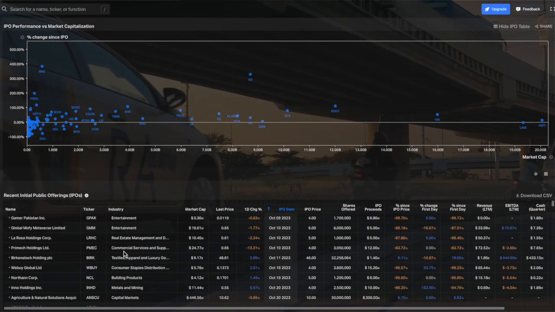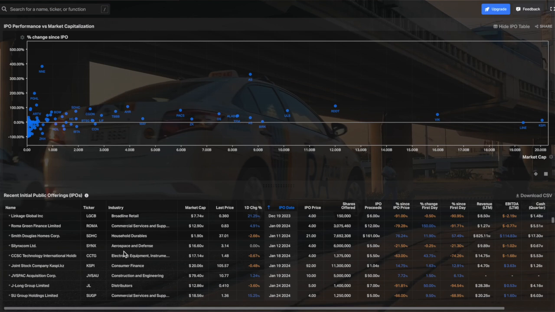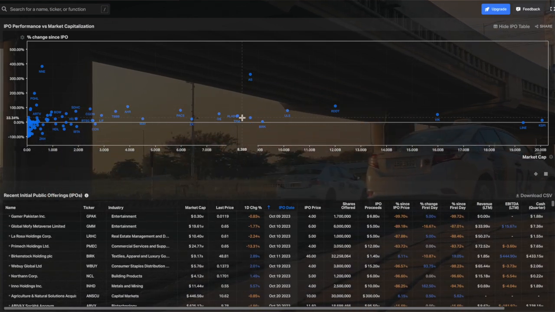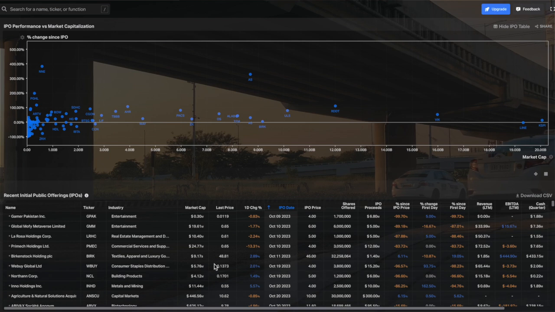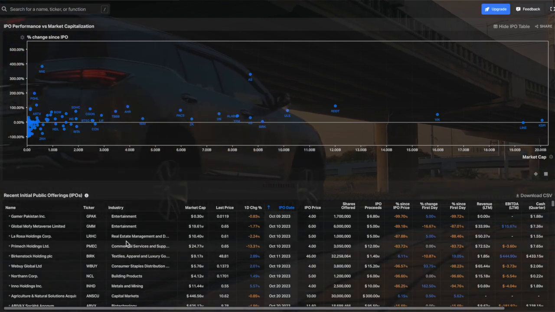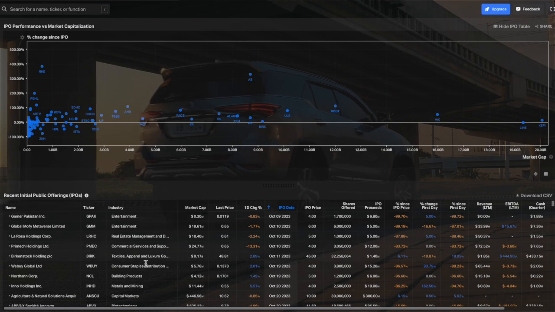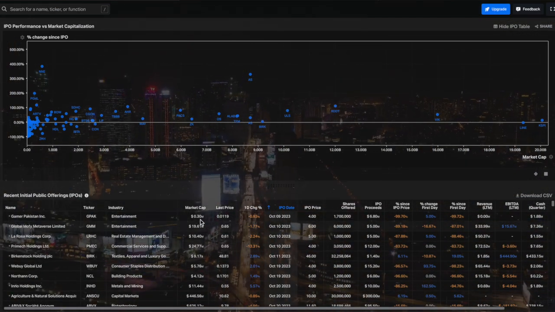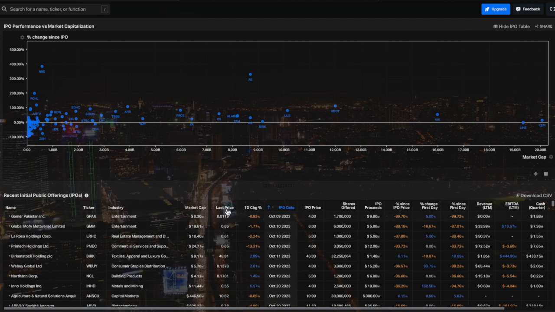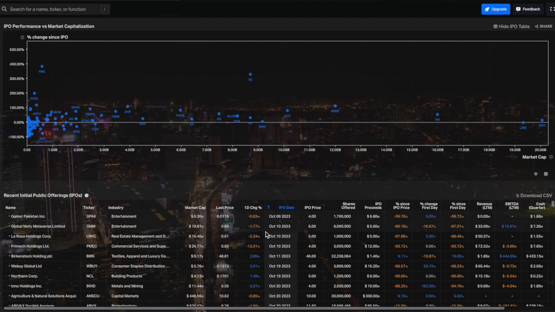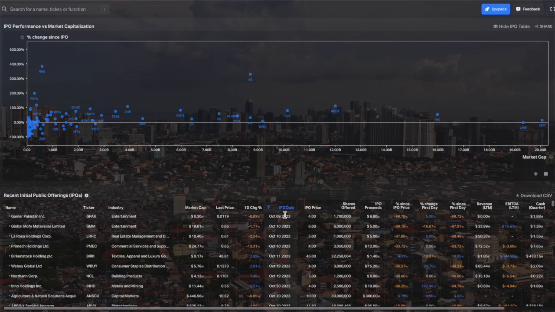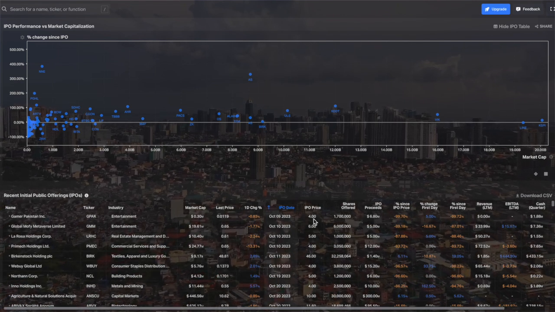So you have American companies and ADRs, and you have a scatter plot right here. We'll go first through this table here, which is very cleverly designed. We have the name, the ticker, the industry, the market cap at current, I believe, the last price, the percentage change over 1 day, the IPO date, the IPO price.